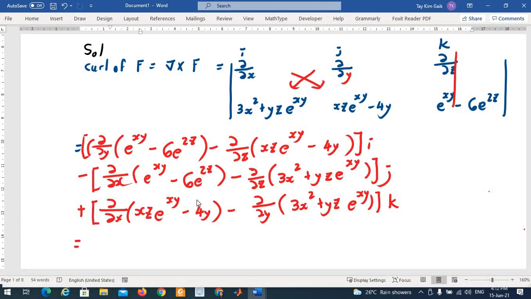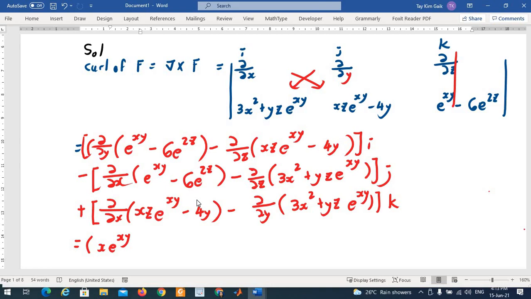Now for component i, del y of e^(xy) gives x e^(xy). And del y of negative 6e^(2z) is 0, because z is constant.